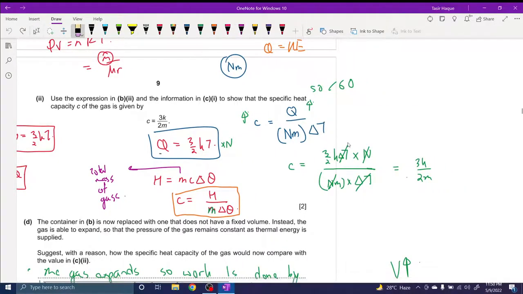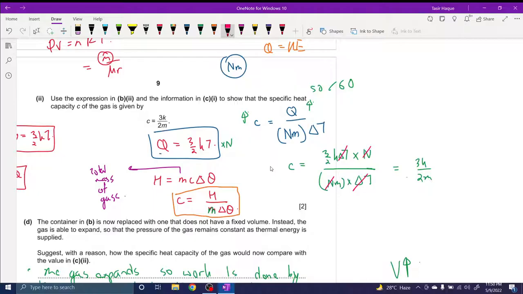Why is it del T? Because we're finding the change in energy of one particle, right? Into N, divided by the total mass of the gas Nm into del T. So we can get rid of del T, and we can also get rid of N. What do we end up with? 3k divided by 2m. That's the proof.